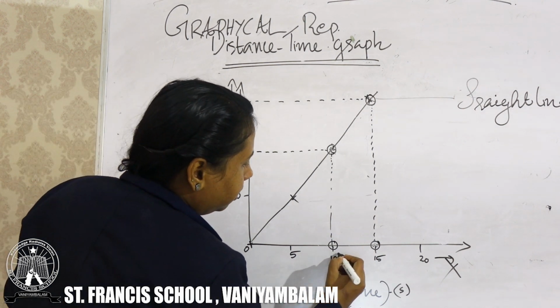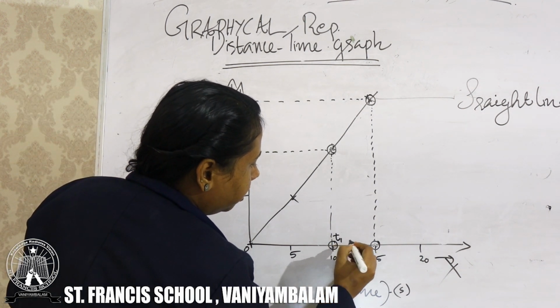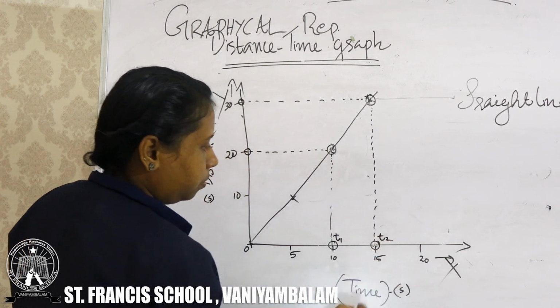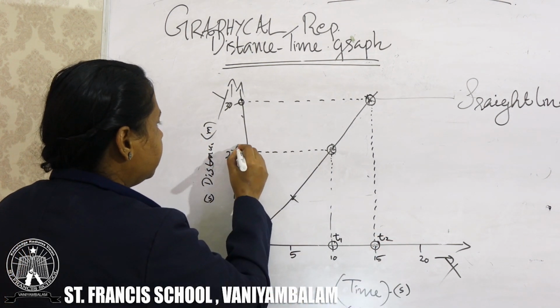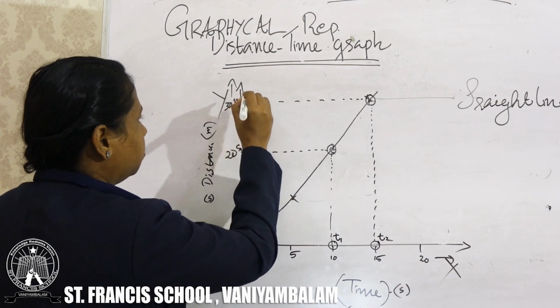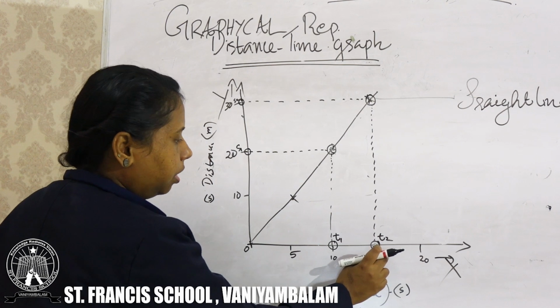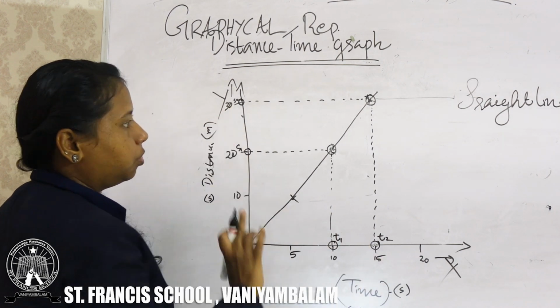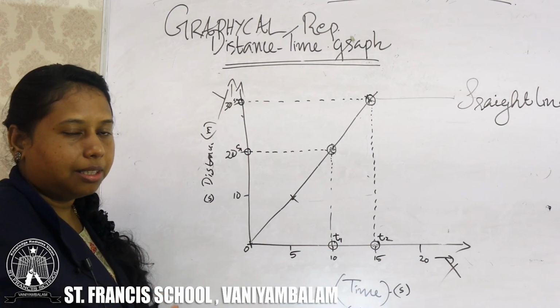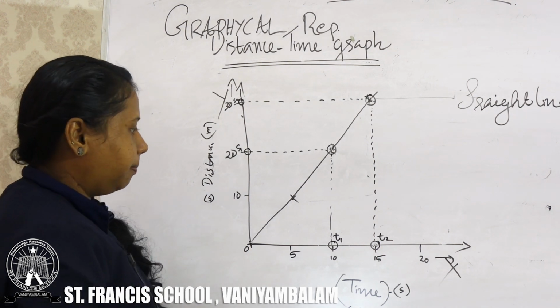Here this is T1 and T2, and this is S1 and S2. I am just giving the symbols.